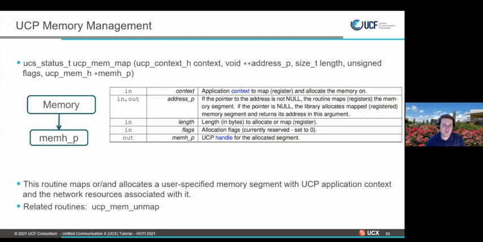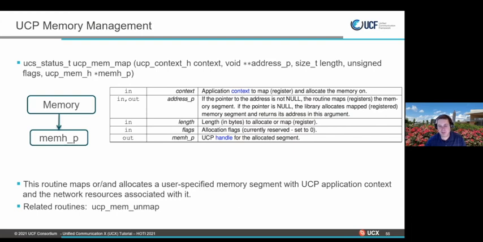So we talked initially about how you set up these endpoints, how you create context and workers, and some of the options for that. Now we're going to talk about how you allocate memory and how you use that memory for communication. So first up, we have ucp_mem_map. Here again, we're passing the context as we are with a lot of functions. Then we have an address to a pointer to a local memory region, and we're going to create a UCP object out of that.